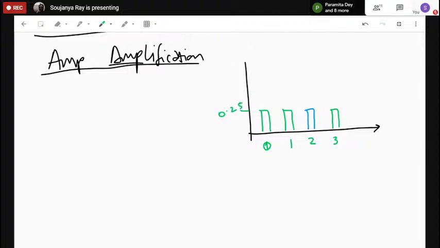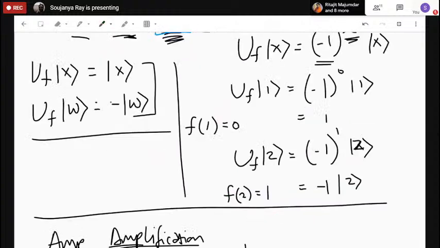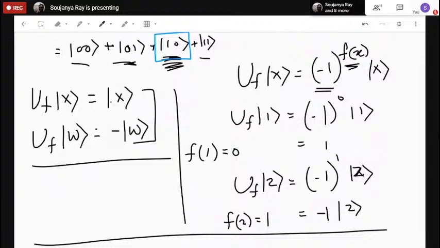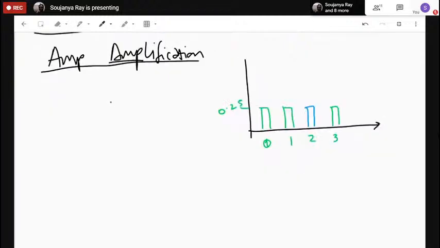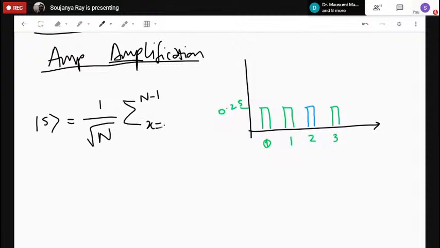So before we go in, we have already talked about putting this number into superposition. Now, as these numbers already are in superposition, we can represent that state by the state S, where S is nothing but 1 upon root n, where n is the number of searching parameters, summation of x from 0 to n minus 1 of |x>.